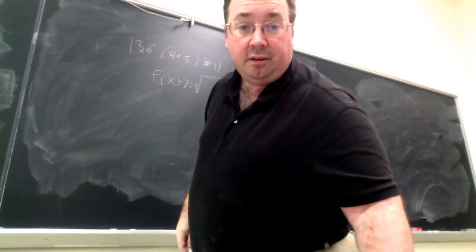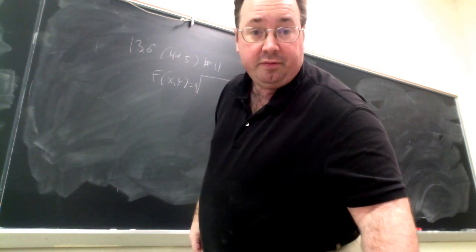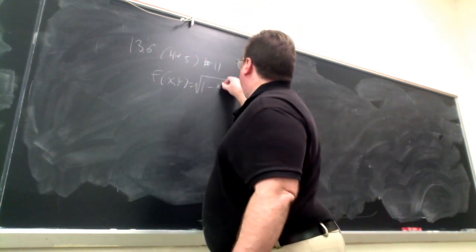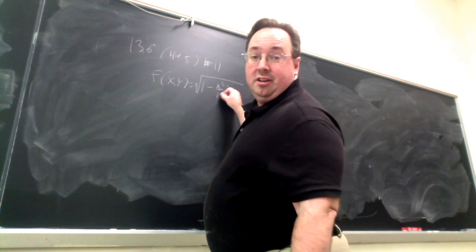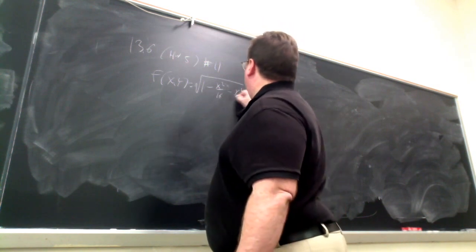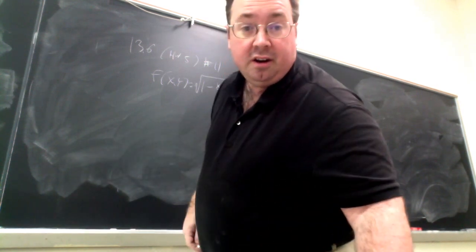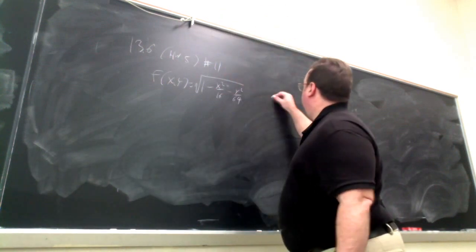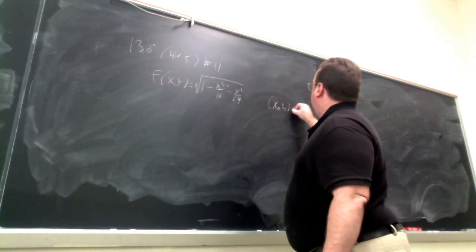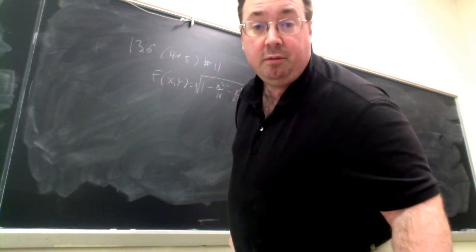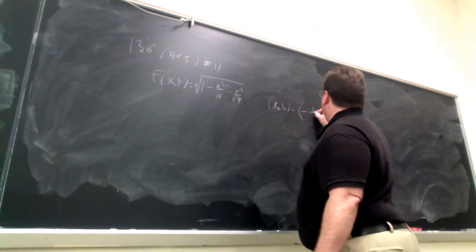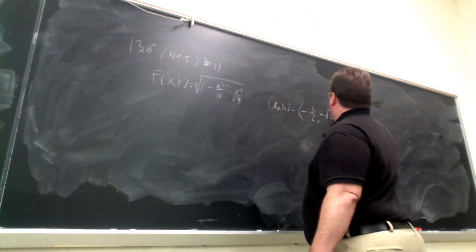Okay, so 1 minus x squared over 16 minus y squared over 64. And the point is minus 1/2, minus the square root of 2.